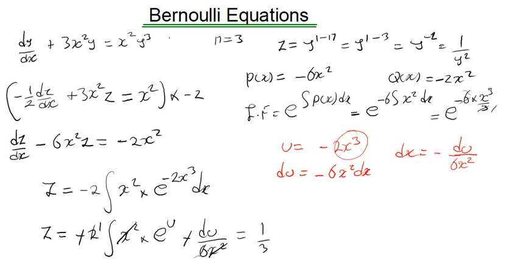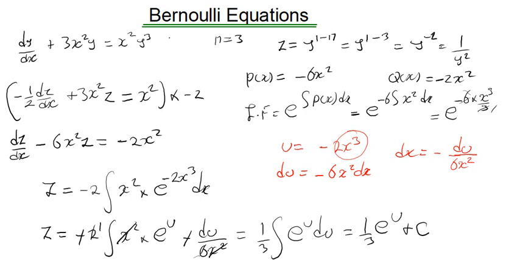1 over 3 multiplied by the integral of e to the u du, which is just 1 over 3 e to the u plus a constant.